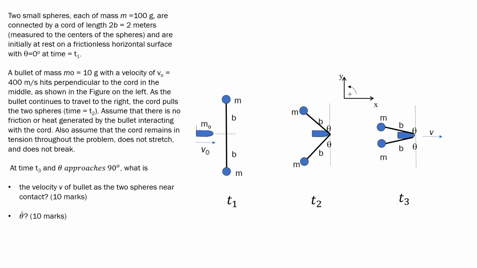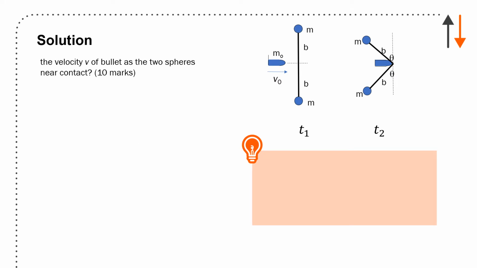So this is a particle kinetics problem, and let's break it up into parts. I know that the sum of forces in x is equal to 0, and that tells me that there's no impulse done because it's a relatively short period of time. All of the forces are short time.